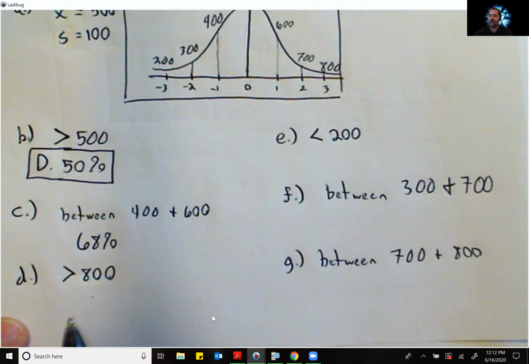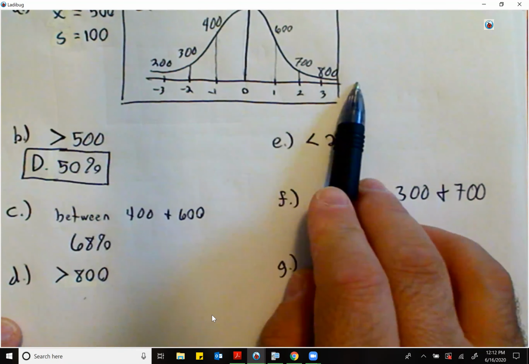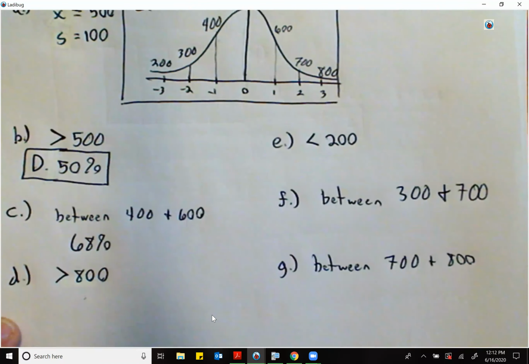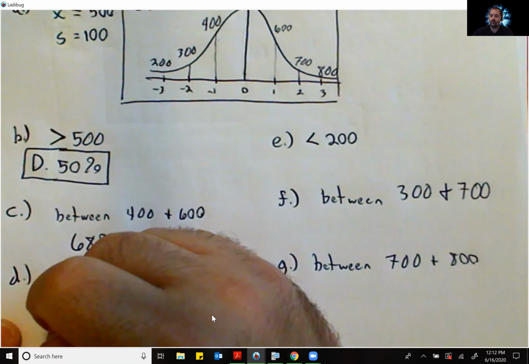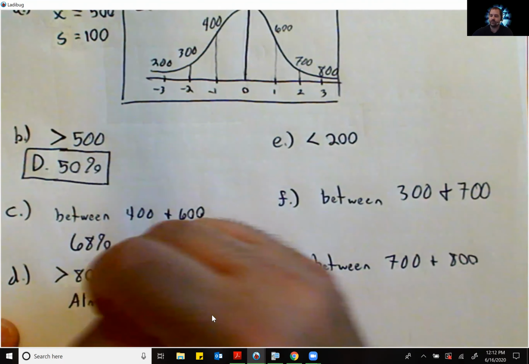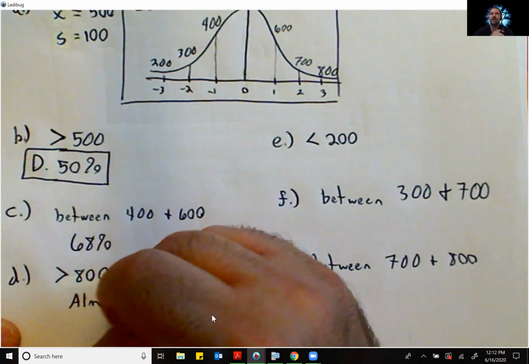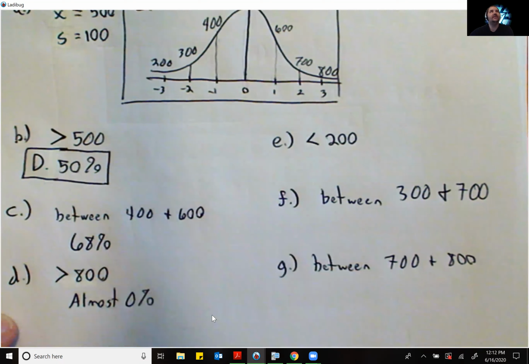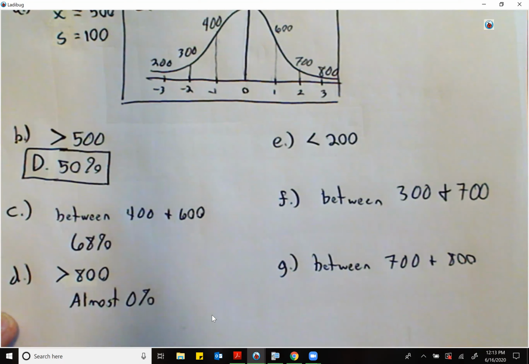When you're greater than 800, that's almost 0. If I remember right, I think it is 0.15. Wouldn't it be 0.015?